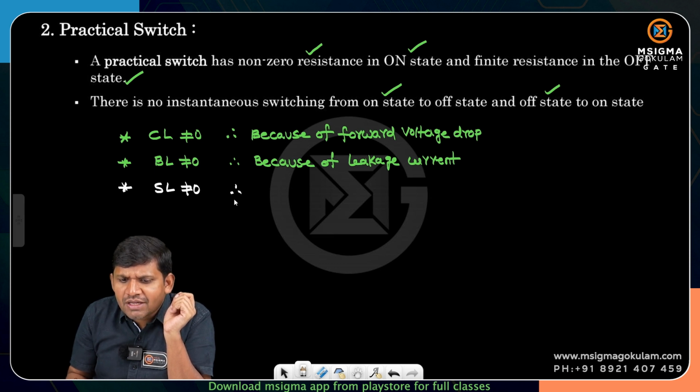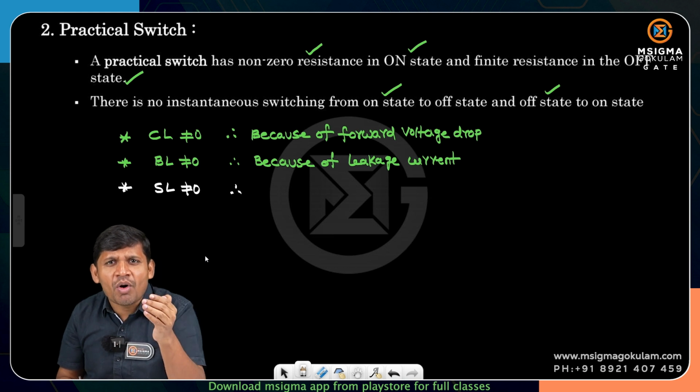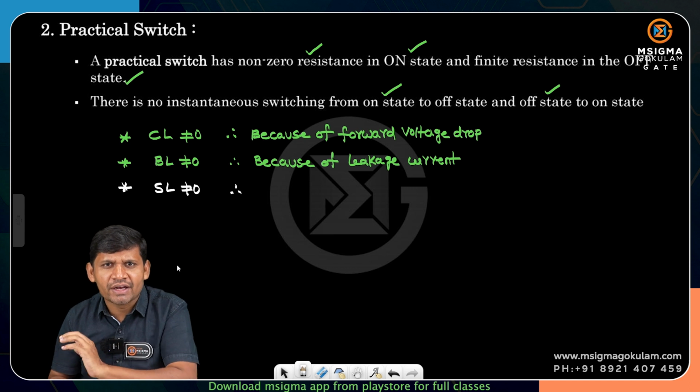Why are the switching losses not equal to 0? There is no instantaneous switching from on state to off state and off state to on state. I will show this in the characteristics in the next slide, wait for that.